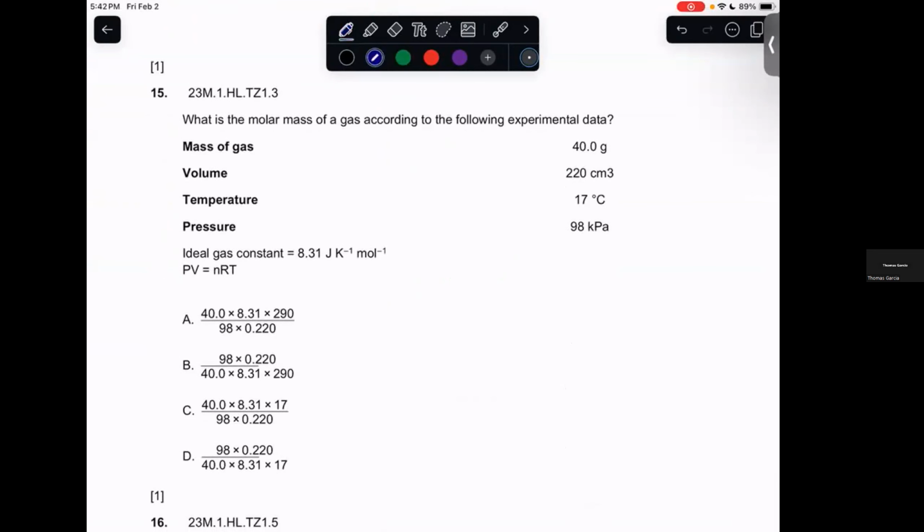All right. Luckily for us, they already give us the ideal gas law, PV equals nRT. But they're asking for the molar mass of the gas according to this data. Well, in PV equals nRT, where is the molar mass? It turns out it's actually hidden in the moles because you find moles by taking the mass of a substance and dividing it by the molar mass.